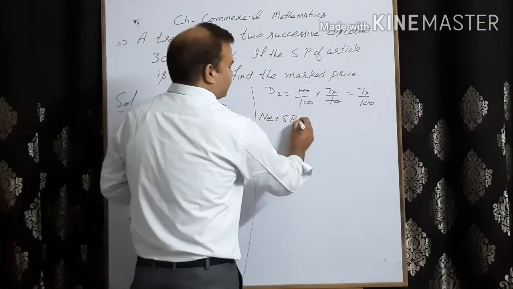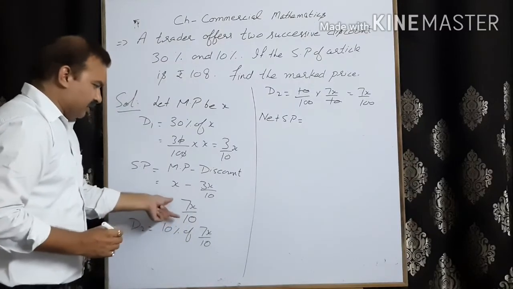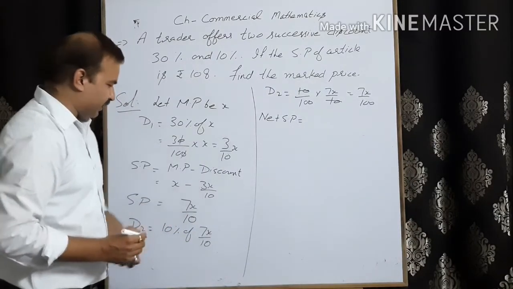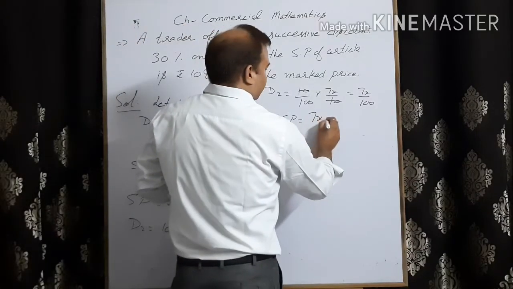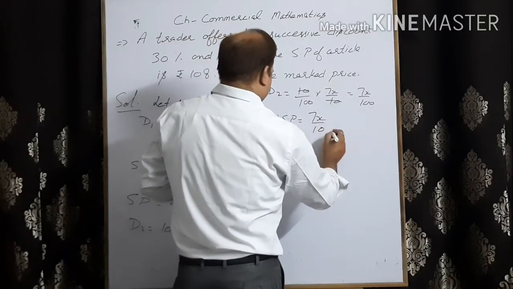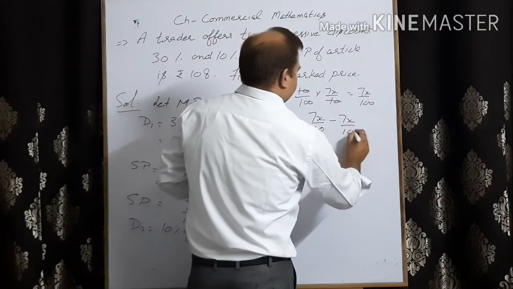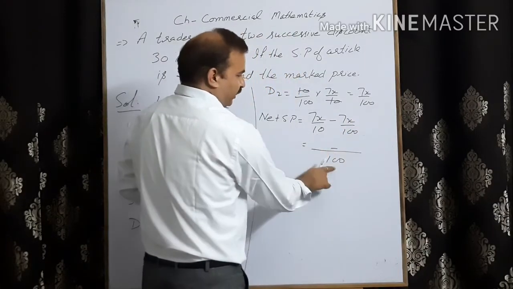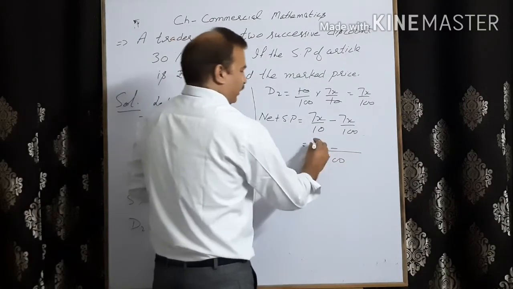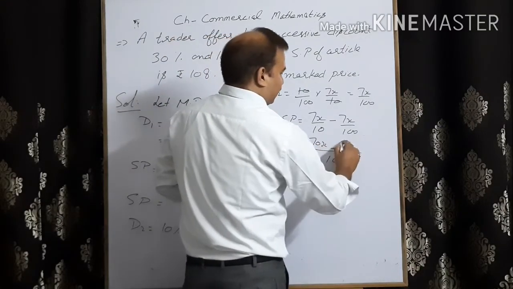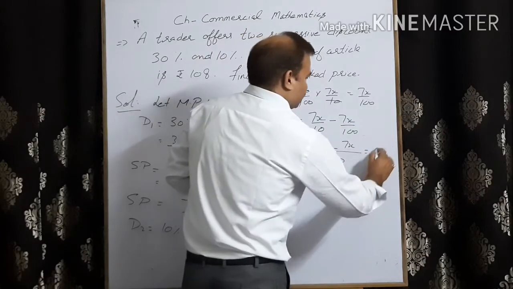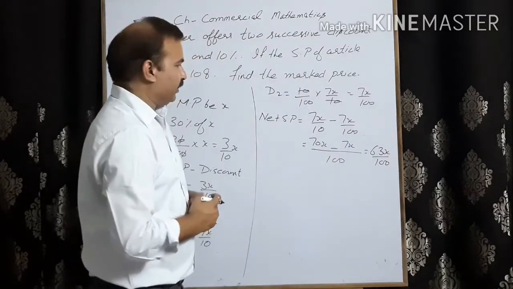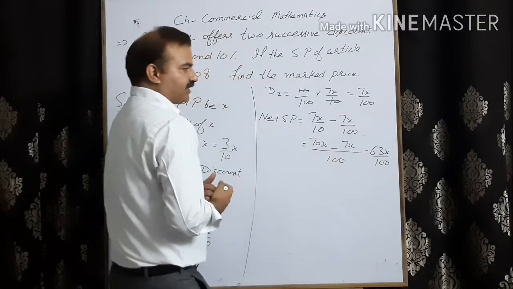Therefore, net selling price is equal to whatever the selling price was the very first one, minus the second discount. So this will become 7X by 10 minus 7X by 100. When we divide 100 by 10, it goes 10. 10 into 7 will become 70X minus 7X. This will become 63X by 100.